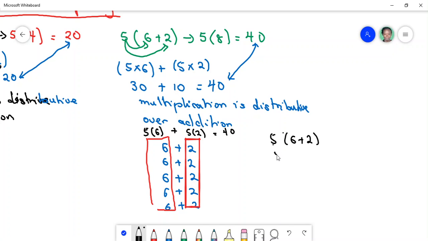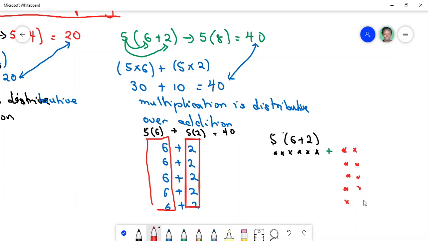So if I had 5 times 6 plus 2, graphically, let's say I have 6, 1, 2, 3, 4, 5, 6, plus 2 here, 1, 2. And I have 5 of that.